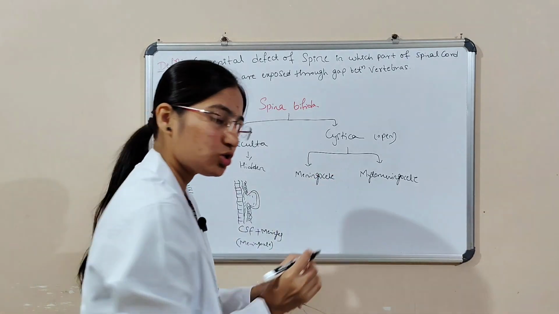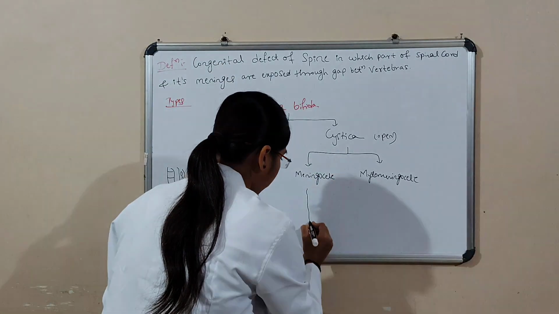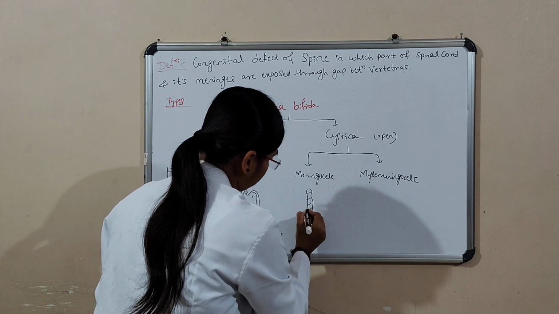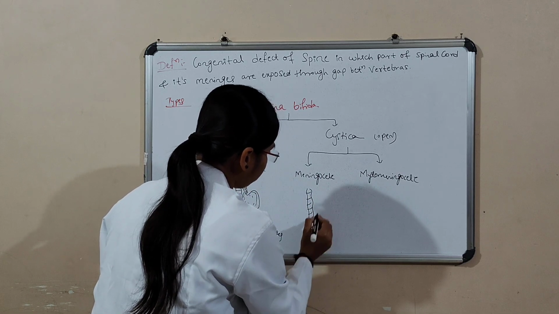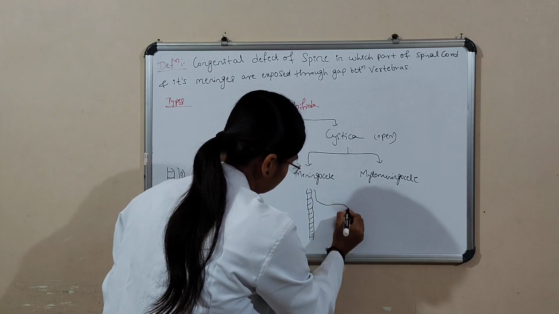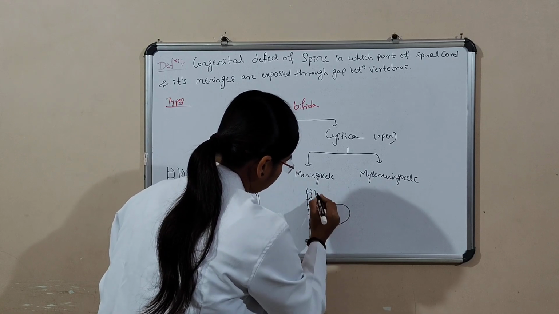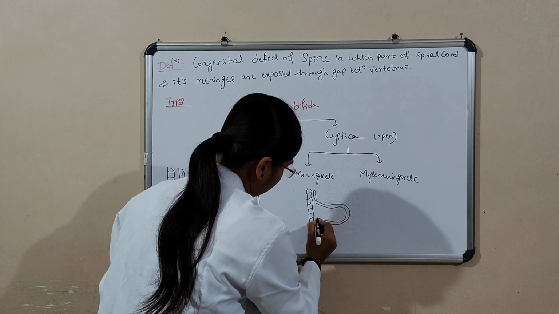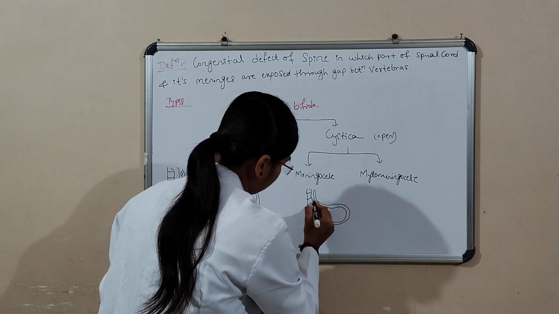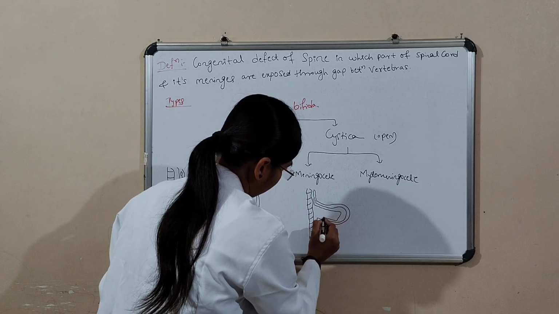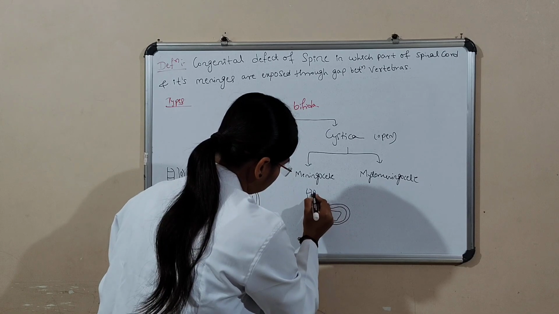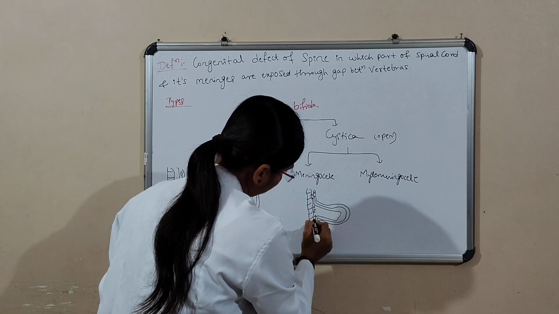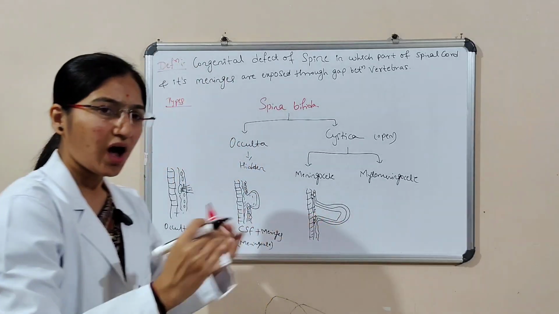Next we'll see myelomeningocele. What happens here? This one is a vertebra, and here it is protruding out.